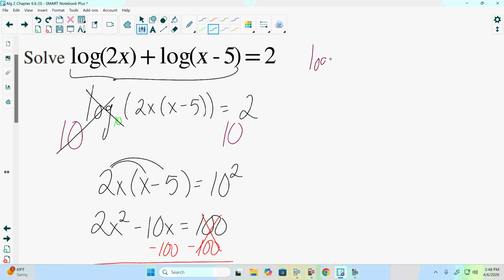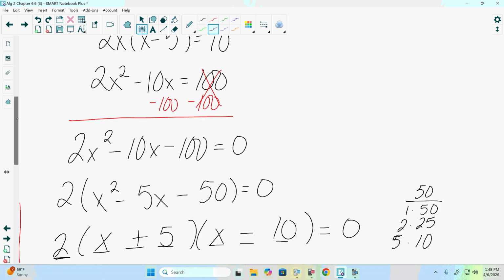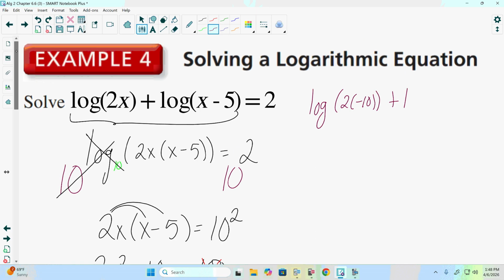But here, if we look at negative 5, if we check it first, this should be 2. Log of 2 times negative 5 plus log of negative 5 minus 5 is supposed to be 2.